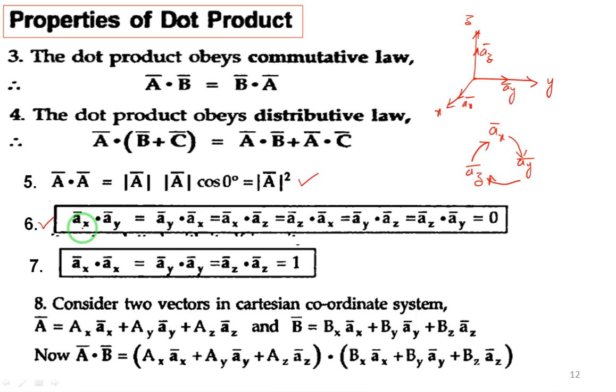So in property 6, ax dot ay: you can observe the angle between them is 90 degrees. So the cosine of the angle, cos 90, is 0. So ax dot ay is equal to ay dot ax. Either way you take, because it is always commutative, az dot ax, ay dot az, all will be 0.